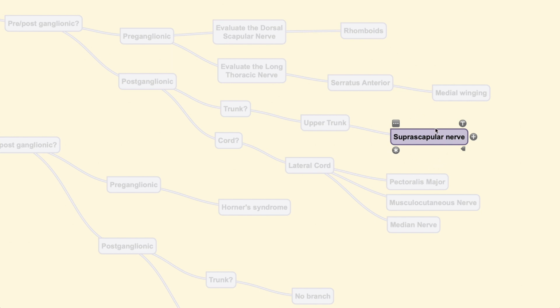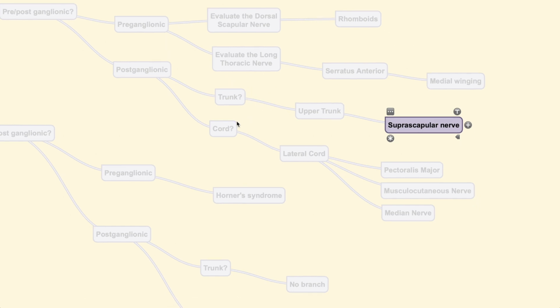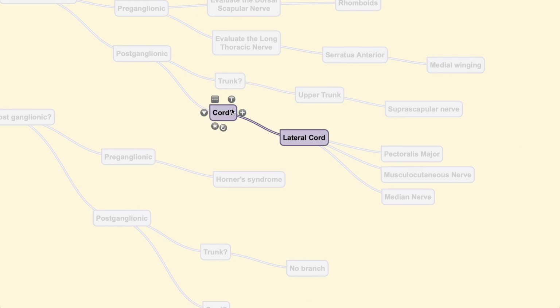If both of those muscles' function is lost, then we say that the patient has an upper post-ganglionic injury over at the trunk region. Now, if the patient still has good supraspinatus and infraspinatus function, then this area here is good. So the next thing you do is to look further into the cord.